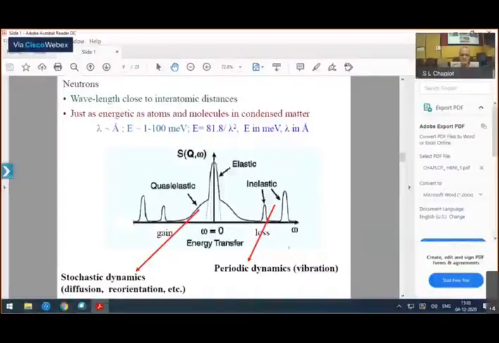So you have elastic, quasi-elastic, and inelastic scattering, and the various intensities are balanced by temperature in particular, because the inelastic scattering intensities build up with temperature, and so on. So that is just the way we define these quantities.